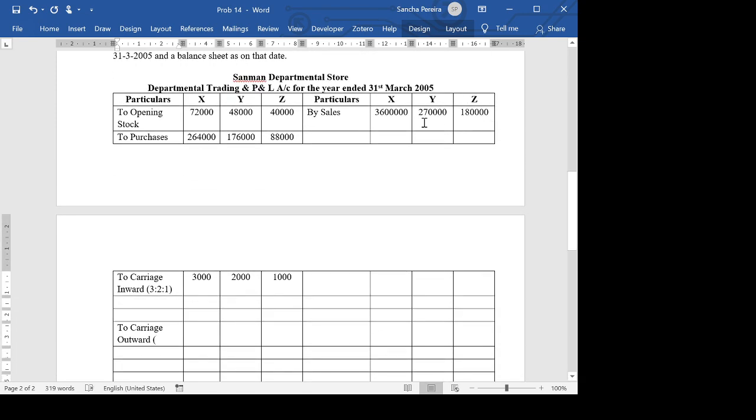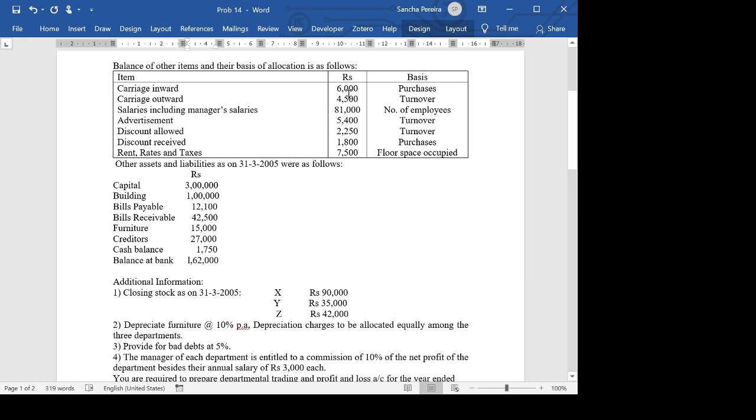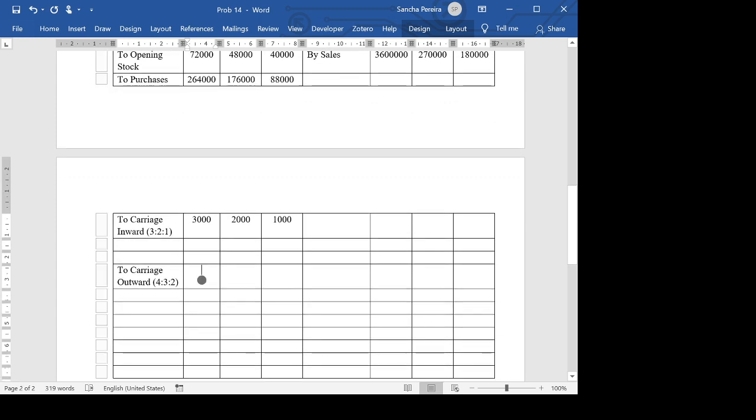This can easily be divided by 9. 9 fours are 36, 9 threes are 27, and 9 twos are 18. So 4 is to 3 is to 2. The total carriage outward is 4,500. If you divide it in that ratio, dividing by 9, you get 2,000.